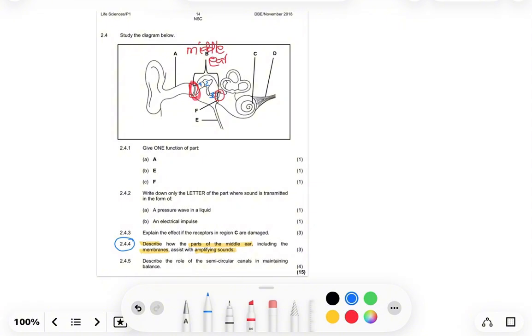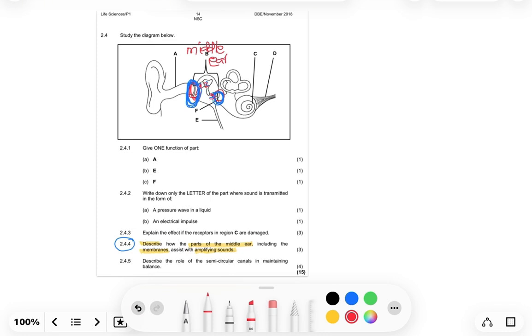All right. So what happens here is that sound vibrations are transmitted from this large membrane, which you call the tympanic membrane, to a small oval window, from a large tympanic membrane to the small oval window through our ossicles, ossicle 1, ossicle 2, and ossicle 3.